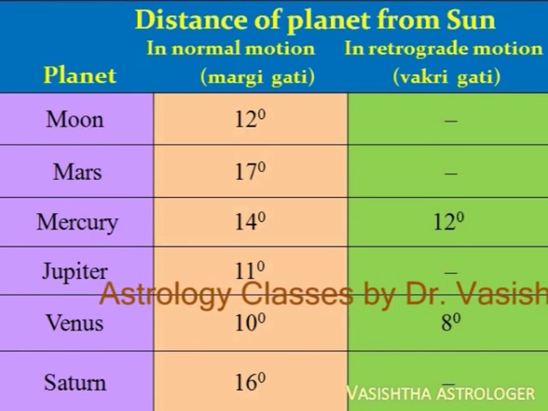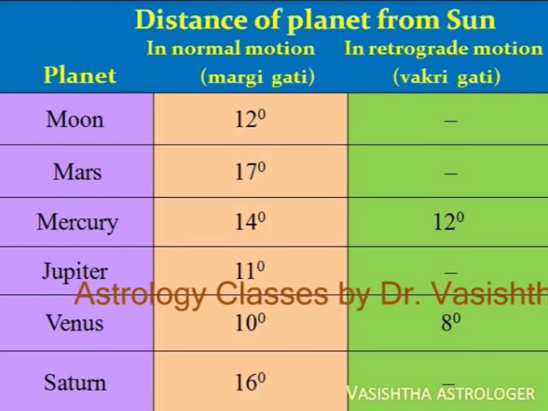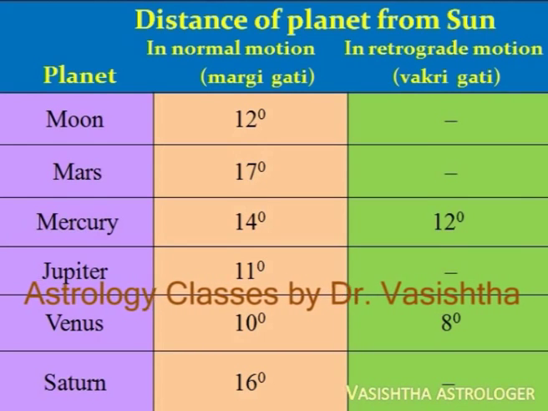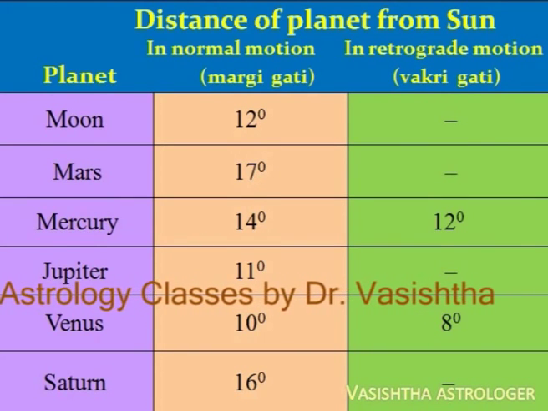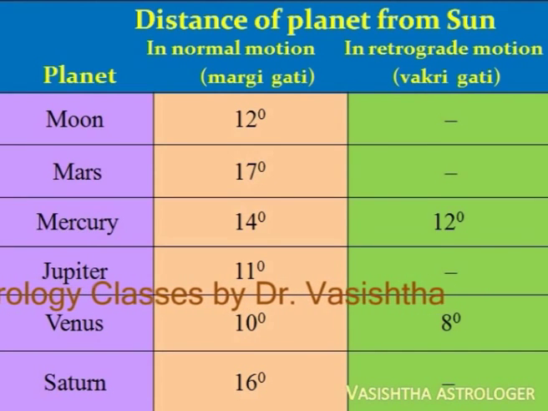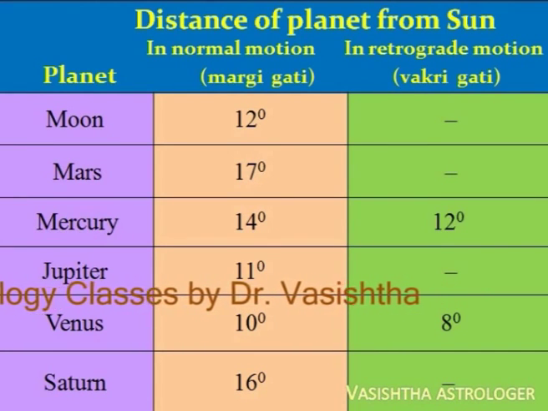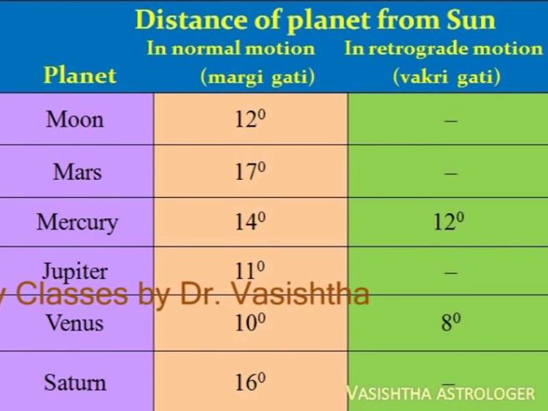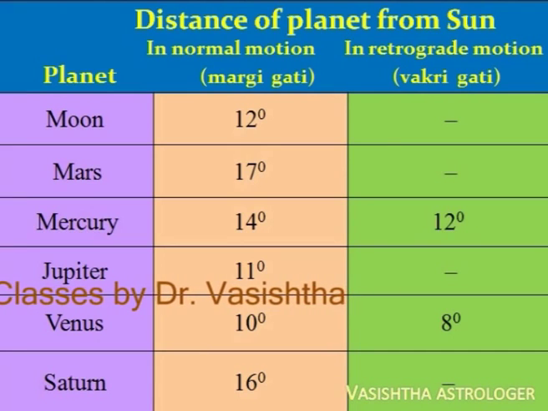Let's take one example. I have explained to you in one of the previous sessions that Moon represents mind, Manas. Moon stands for emotions, thoughts, sentiments. A combust Moon may lead to depression, mental pain, disturbed thoughts, etc.